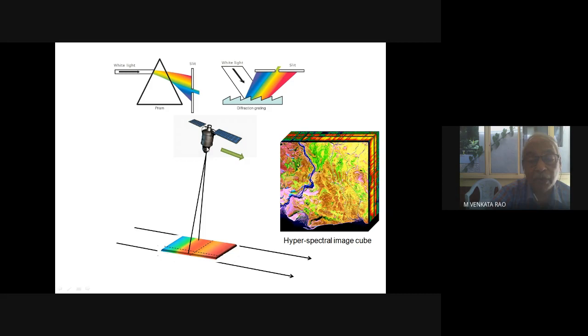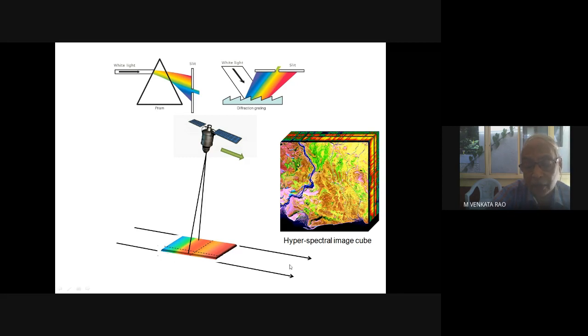For example, the satellite carrying a spectrometer is scanning. Of course, this is shown just pictorially. What happens is, for example, blue continuously, or red, for example; the red image will be seen first. Every line it will see in the scanning, so you will get one red image, followed by orange, yellow, like that.